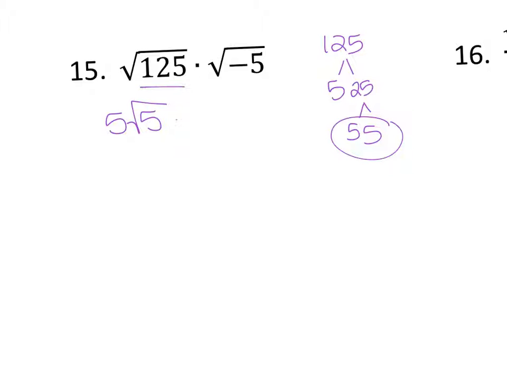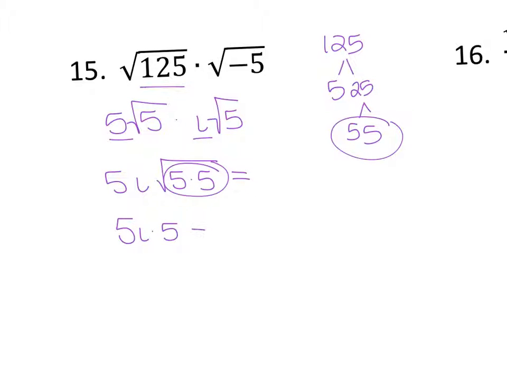And square root of negative 5 is actually i square root 5. So multiply our outsides and multiply our insides. I'm going to have 5 times i, and then square root of 5 times 5. Well, my 5's can come out. So then I'm going to have 5i times 5, which can be reduced to 25i.